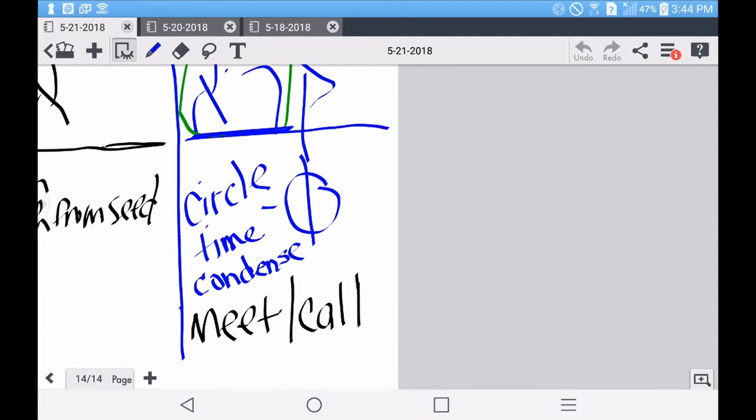Okay, and so the idea behind meeting is always to reconcile, to consolidate, to synchronize perceptions of different people. All right, and so that is what this word really means, to call or to meet. It's to reconcile the perception.